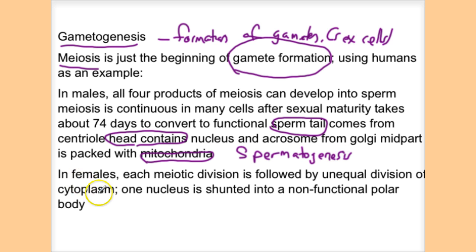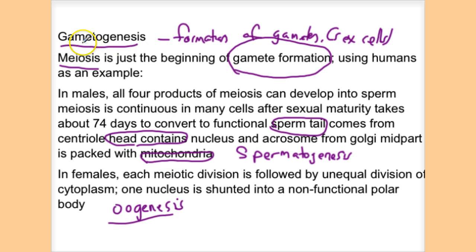And for eggs, very similar, a lot of development happens after meiosis where an egg forms. And there is a lot of cytoplasm in the egg cell, and this is called oogenesis.